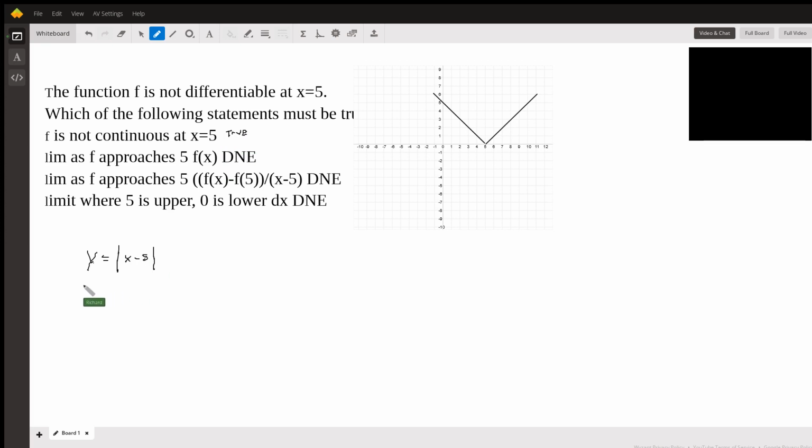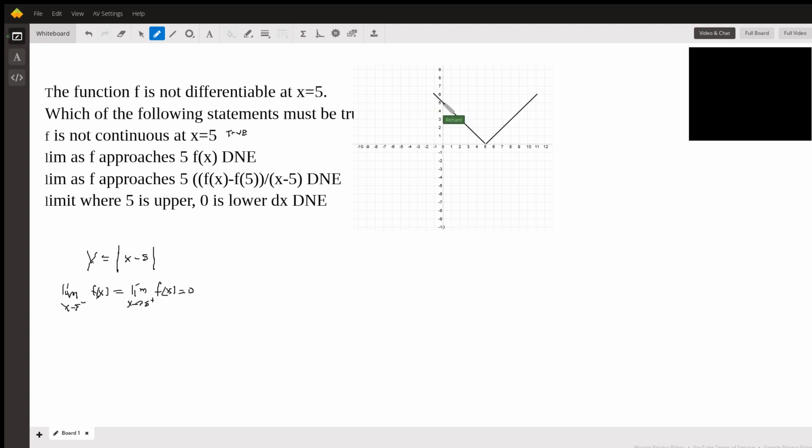And formally, what we would say, it's true because the limit as x approaches 5 from the left of f of x happens to equal the limit as x approaches 5 from the right of f of x. And both of these limits are 0.